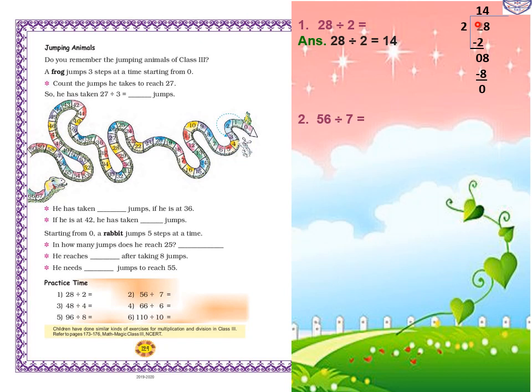Now number 2, 56 divided by 7. Now in the 7 table, when will 56 come? Yes, 7 eights are 56. So 56 minus 56 we will get 0. So our answer is 56 divided by 7 equals 8. Now third, 48 divided by 4.